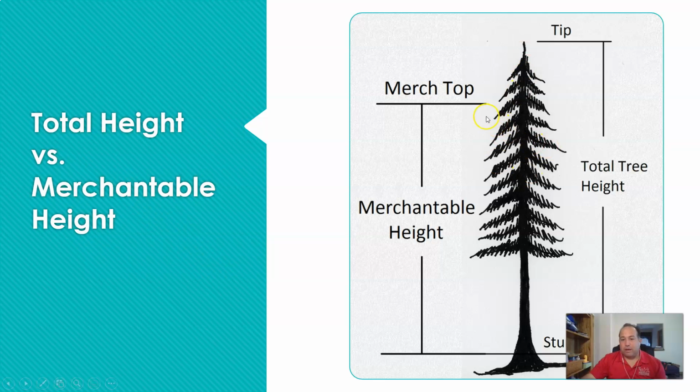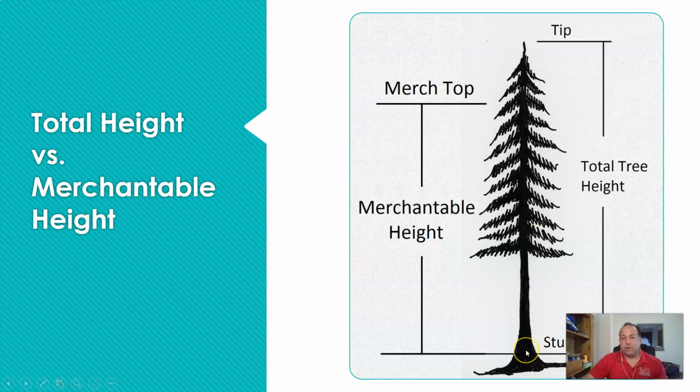But for a merchantable height, what I'm saying is, depending on what kind of products I want to get out of this tree, I'm going to aim at a different part of this tree, because I can use more or less of the tree depending on the product. So if I want saw timber out of this tree, I'm going to have to get bigger logs out of it. So I can only go up to maybe here to get saw timber.